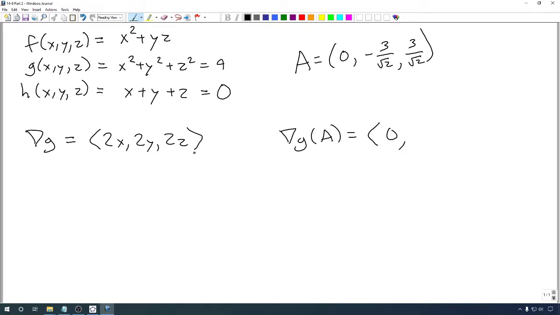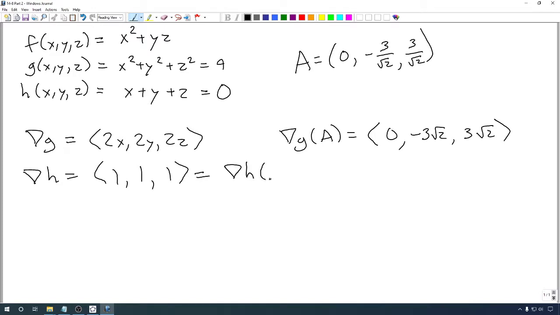My second component, the 2 over square root 2, is going to put a square root 2 on the top. Same thing over here. If we look at the gradient of h, this one's actually pretty nice because this turns into a 1, 1, 1. And in fact, I don't even have to rewrite that. That's the gradient of h at a as well.